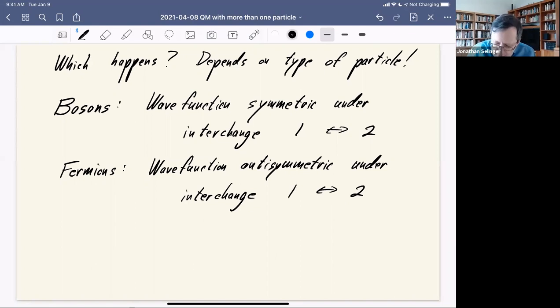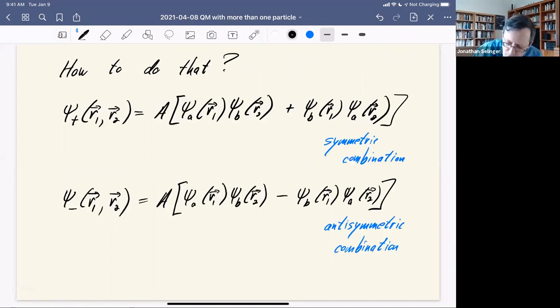Okay, so that means if you have bosons, you must have a state like this one. If you have two identical bosons, they have to have the first kind of state. And if you have two identical fermions, they have to have the second kind of state.